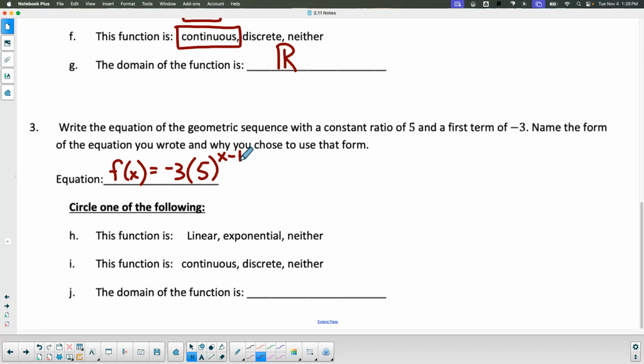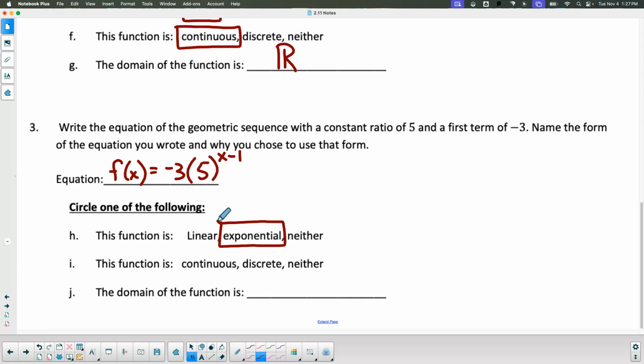Everybody agree with that? Yeah? Okay. Is that function linear, exponential, or neither? Exponential. Now, context. Is it continuous, discrete, or neither? Context.